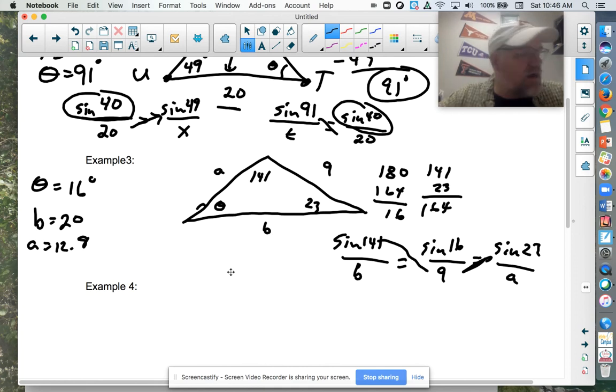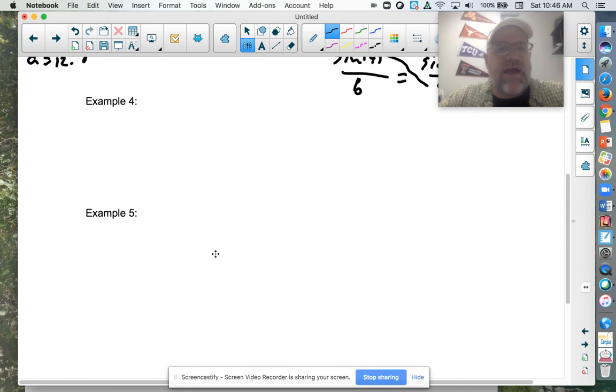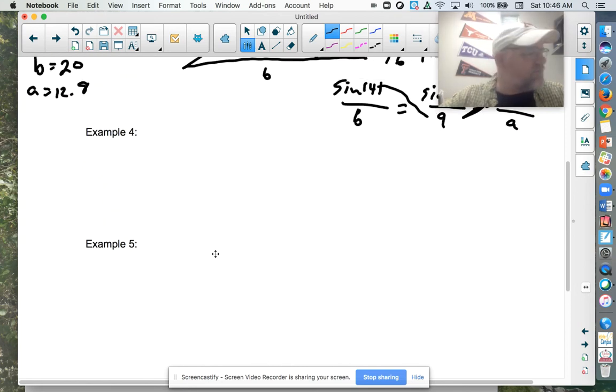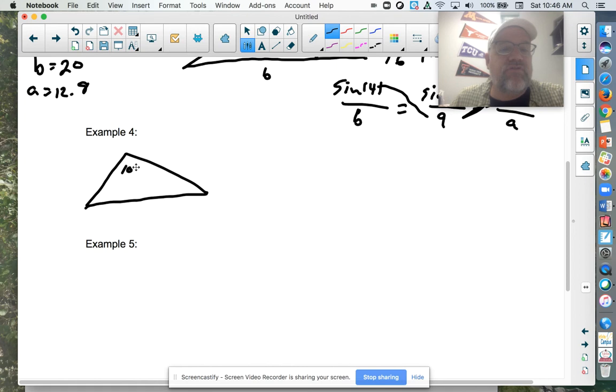Excellent. All right, I actually have 2 more to go. So let's go through these. Number 4, again, I'm just going to draw my triangle. This will be given to you, so you'll have this information. 107, 12. So now we have an angle and its opposite, so we know we can do this. 42. Let's find this angle.